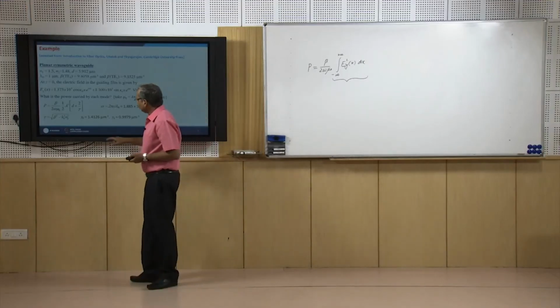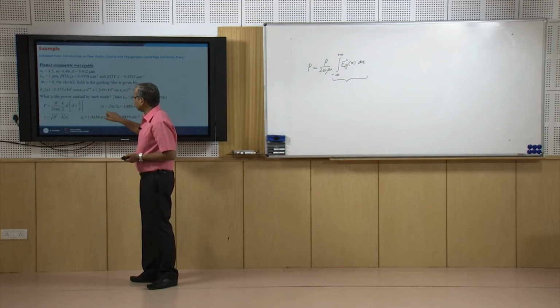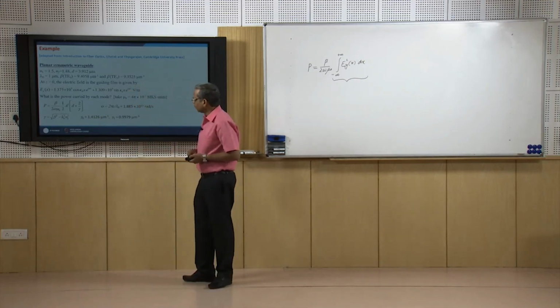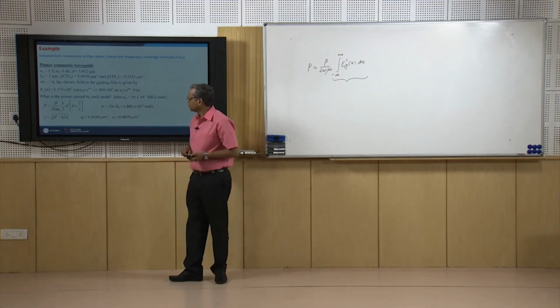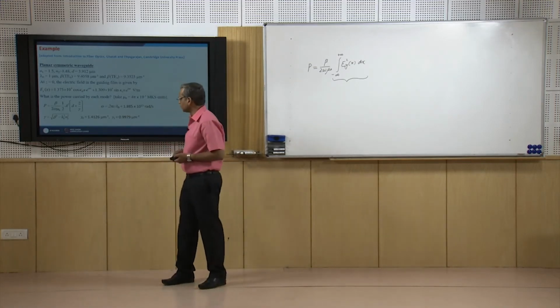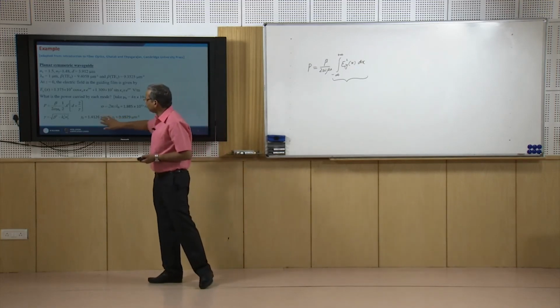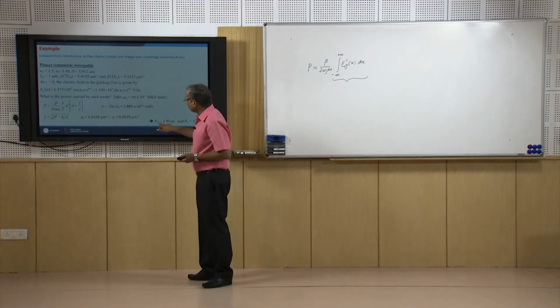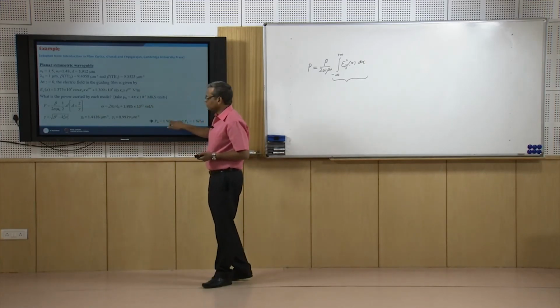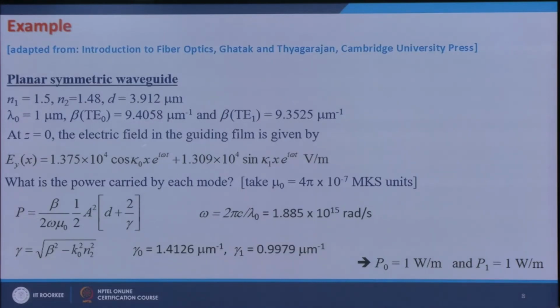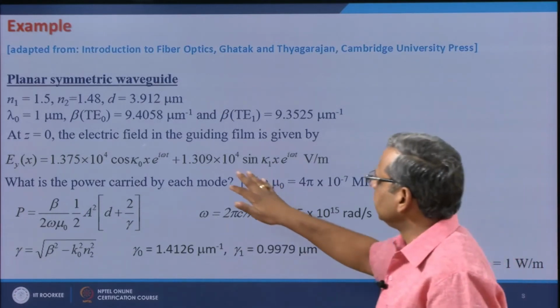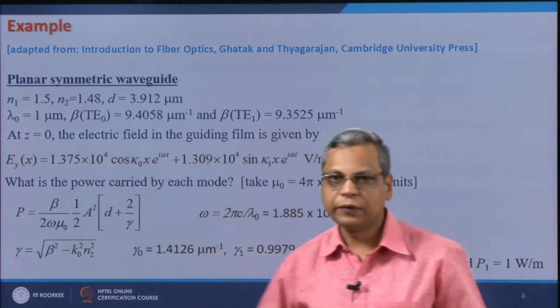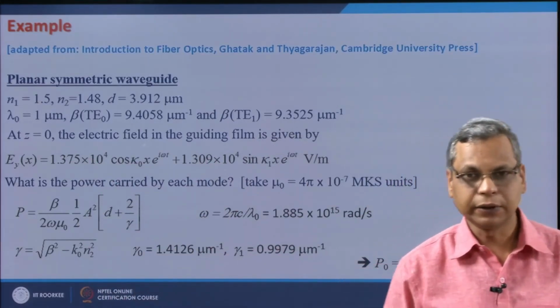So, for the TE0 mode, gamma comes out to be 1.4126 micrometer inverse. For the TE1 mode, gamma comes out to be 0.9979 micrometer inverse. And if you put these values into this expression, you will find that for the TE0 mode, the power associated comes out to be 1 watt per meter, and for the TE1 mode also the power comes out to be 1 watt per meter. In fact, these amplitudes have been adjusted in such a way that both the modes carry unity power.